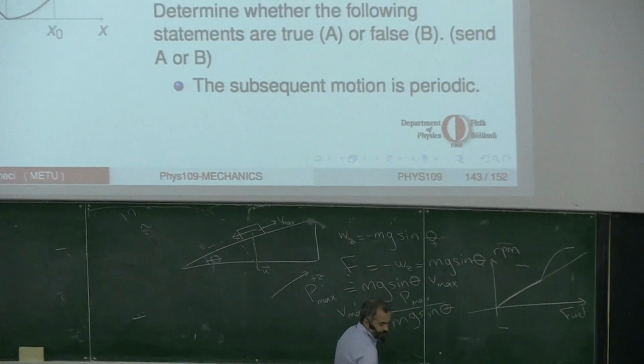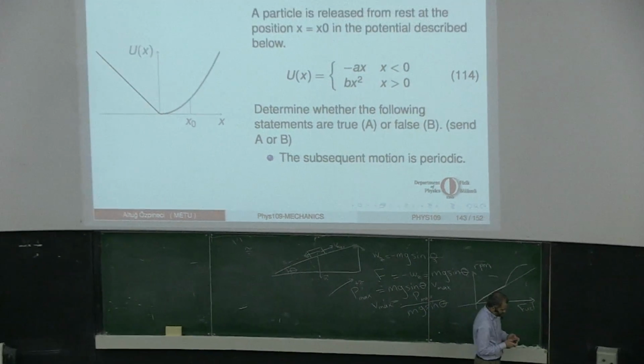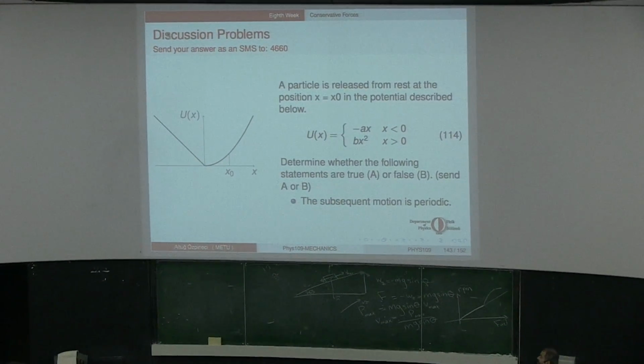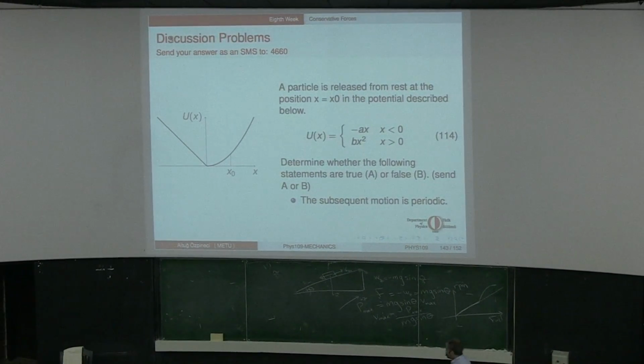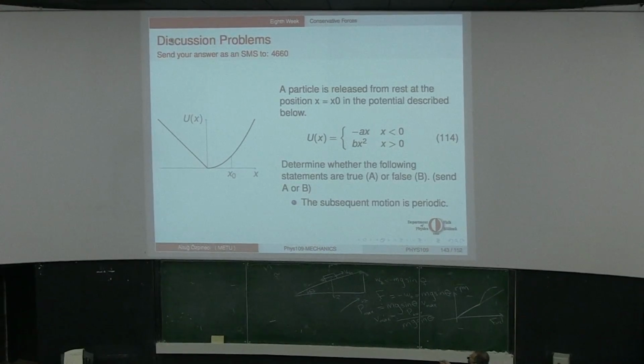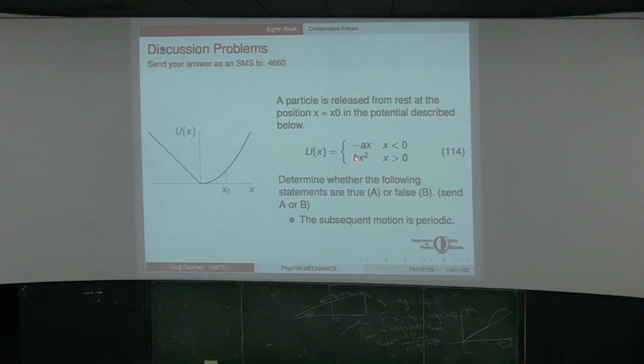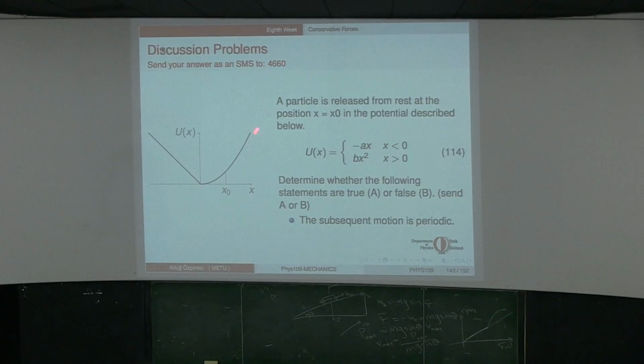Okay, so here we have another question. So this is the potential energy you have. It is a line in negative x, and it goes like bx squared for positive x. Can you identify a physical system which behaves like this?